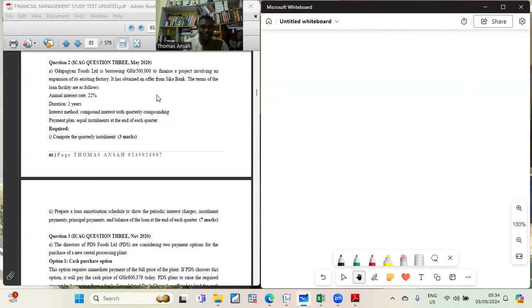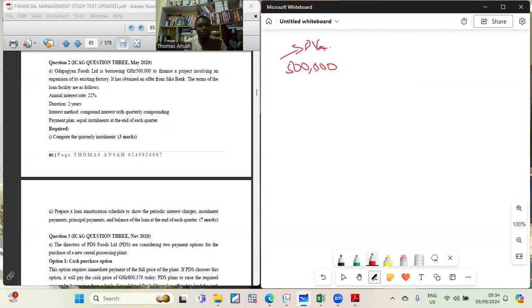The X. Is borrowing is 500,000. And as you know, when it comes to present tense, this one means a PVA formula. Is borrowing, not will be borrowing. So it's like he already knows the money today.